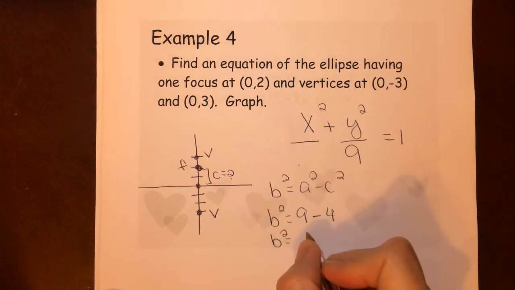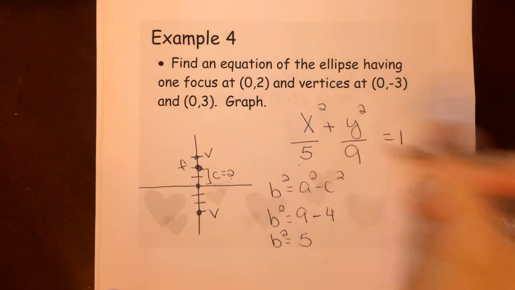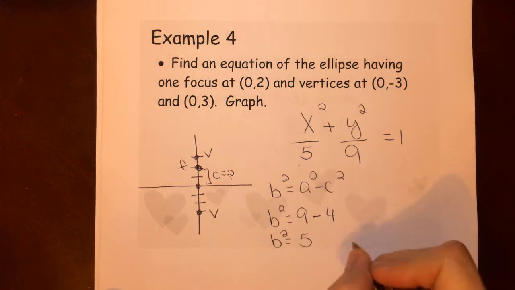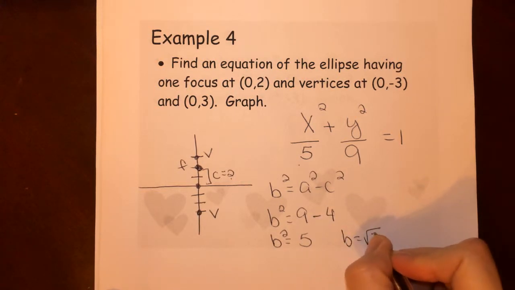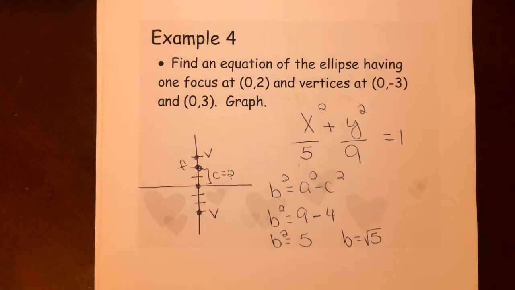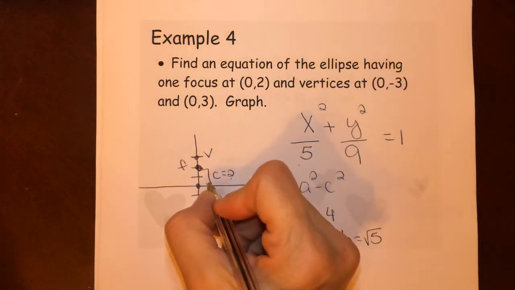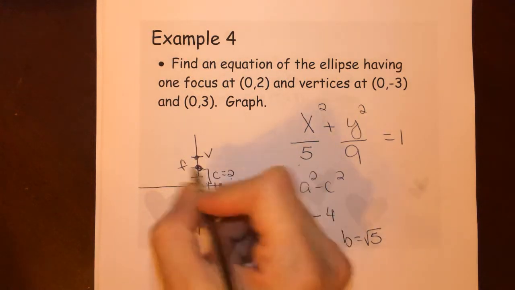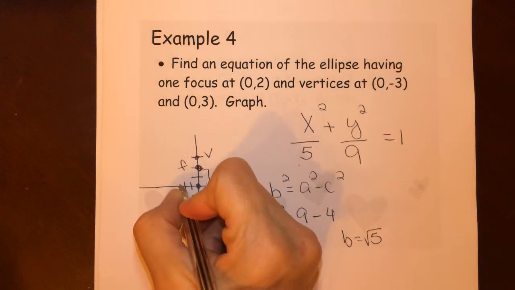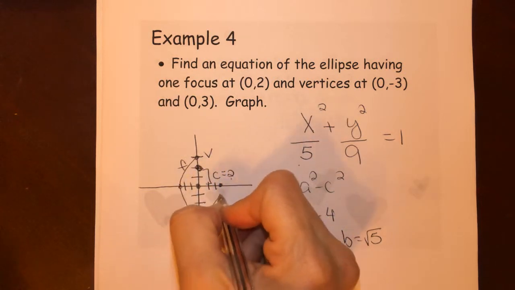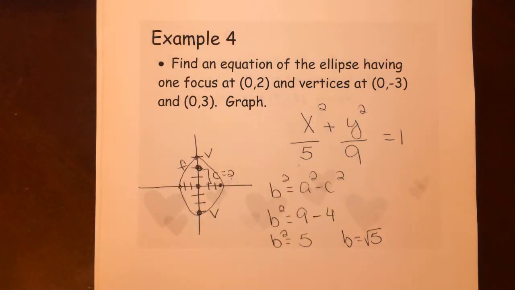So b squared equals 5, so that's what goes under here. To do the graph, I need the square root of 5. I know the square root of 4 is 2, so I need to go a little bit more than 2, so a little more than 2 to the right, a little more than 2 to the left, and I'm going to go connect. There you go.